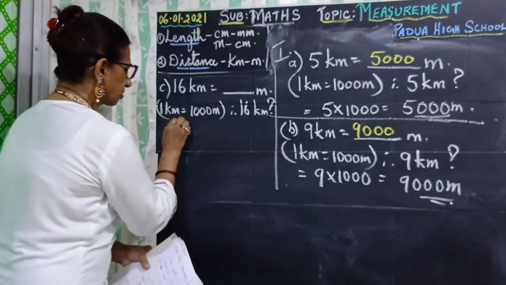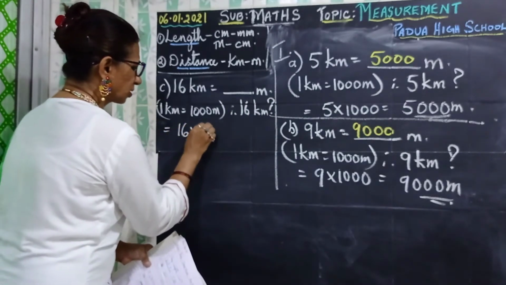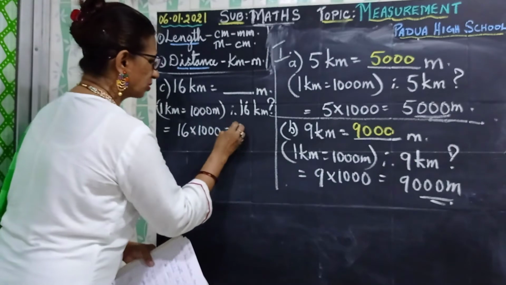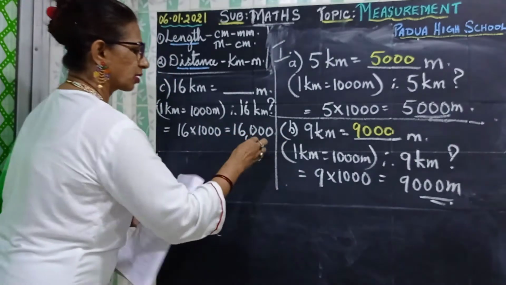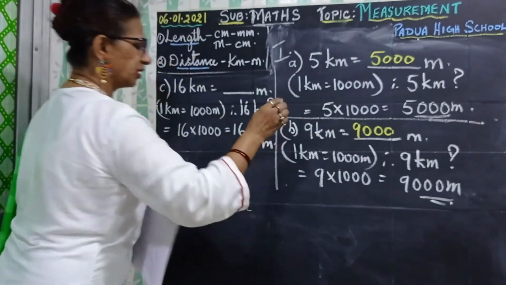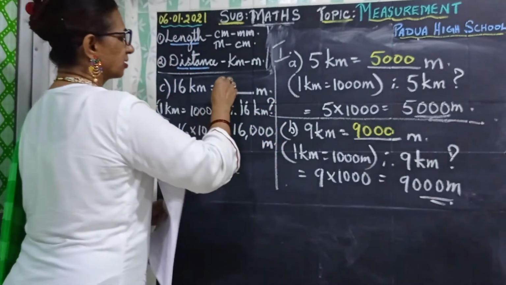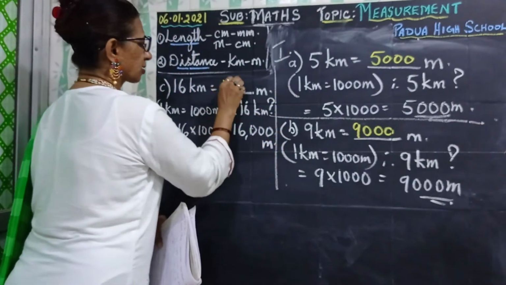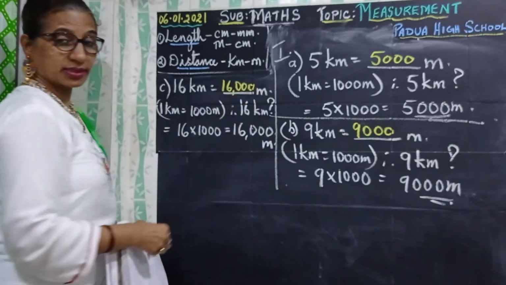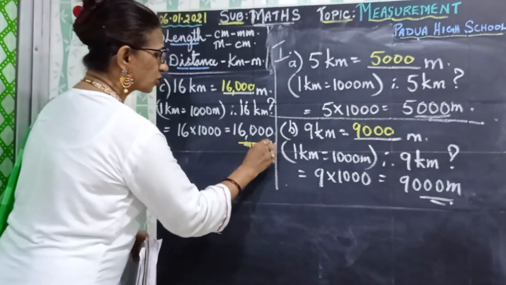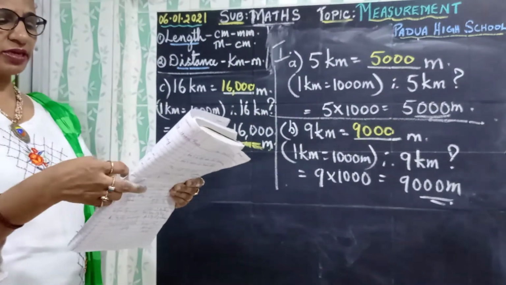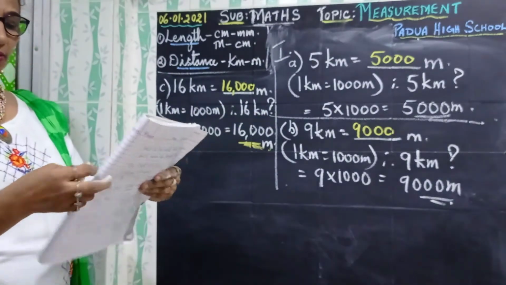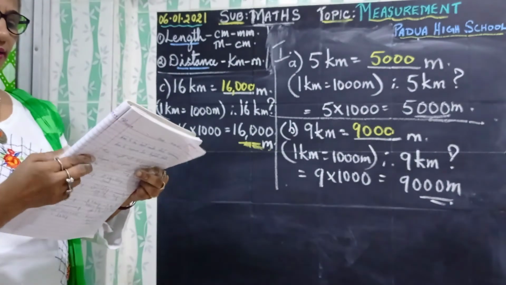That is 16 into 1000, which is equal to 16,000 meters. So what do I write here? 16,000 meters. Have you understood, children? So as simple as that, your sums are. When you know it, it is simple.